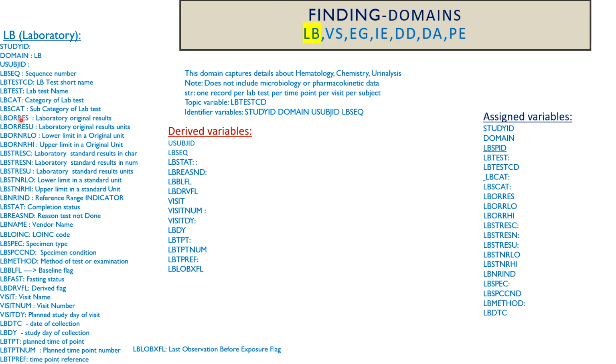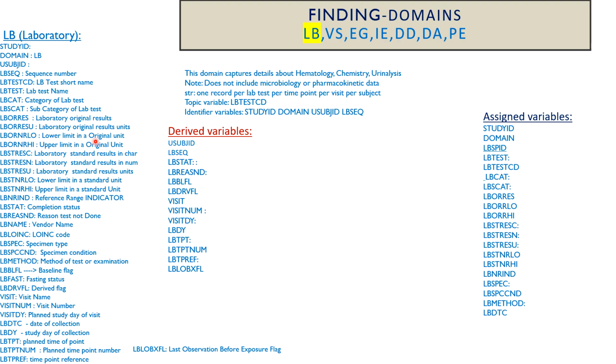Here the original results are captured. For original results there will also be units, like mg, ml, kg, which are captured here, along with the lower limit and higher limit.